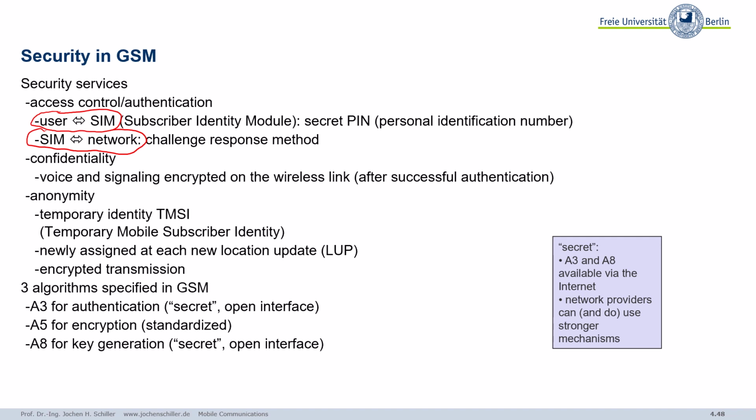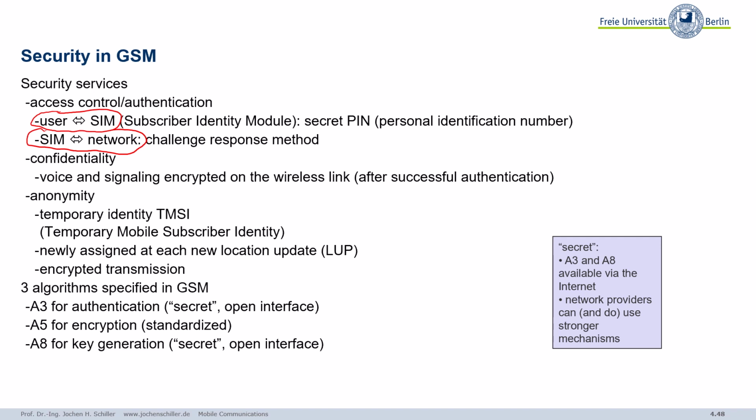So this has to be an open standard because the device manufacturers have to implement this. They are in the device. They have to be powerful enough to do real-time encryption, decryption. And then we have A3 and A8, but they are located in the SIM. They are not in the device.